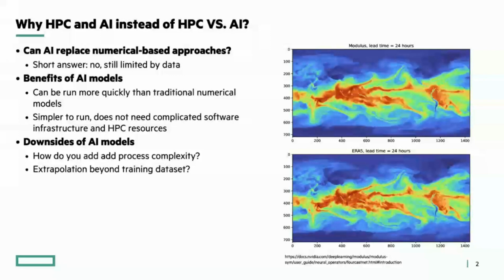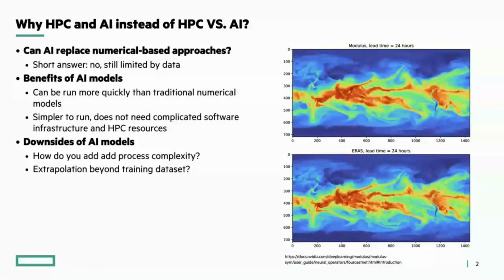They're trained on the ERA reanalysis that ECMWF puts out, or various other reanalysis products, mainly because a lot of science uses simulation. We just don't have enough observational data to train these surrogate models to learn the physical systems themselves. So is AI replacing numerical-based approaches? No. It will always still be limited by data.